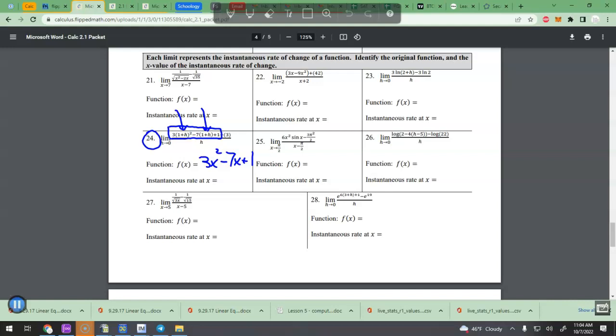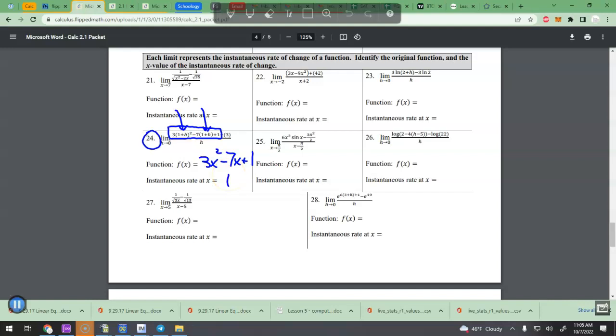So hold on. What's A? Let's start there. What number is it? It's going to be 1, because that's the number that's in that spot. So this 1 plus h got plugged in for x. That means two things: the x goes in that spot, and the number we're worried about is 1.